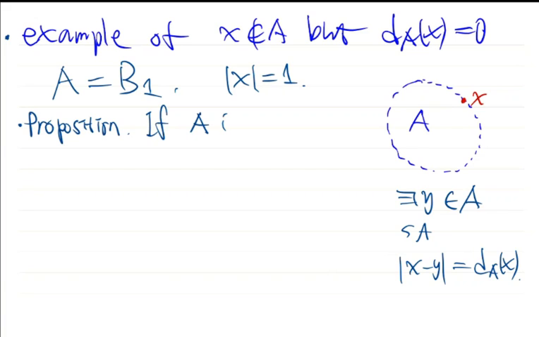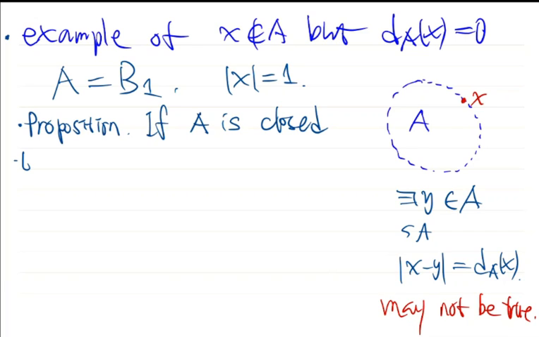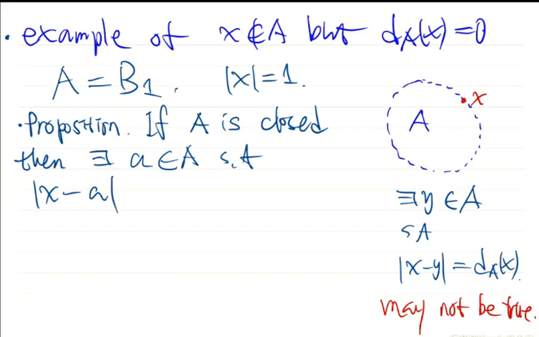This might not be true. But if the set A is closed, then this is true. This is what I want to remind you. If A is closed, then there exists a point such that the distance from x to this point is exactly the distance from x to the set A.